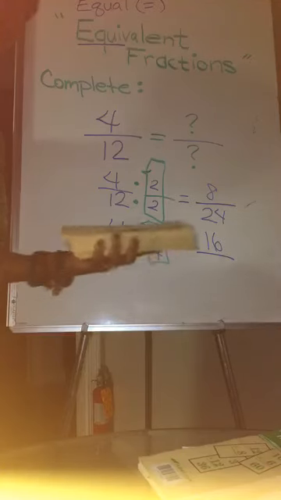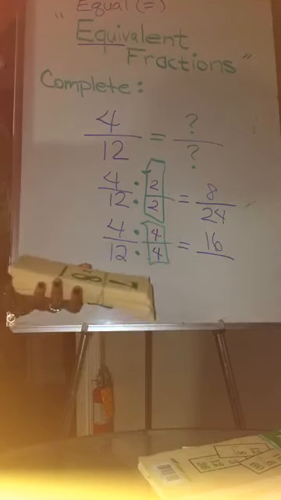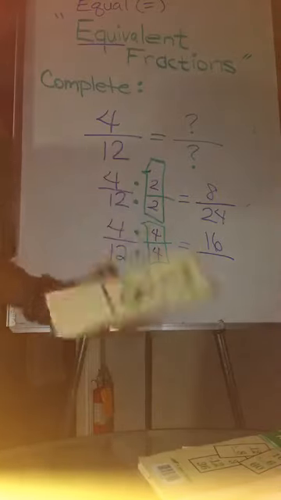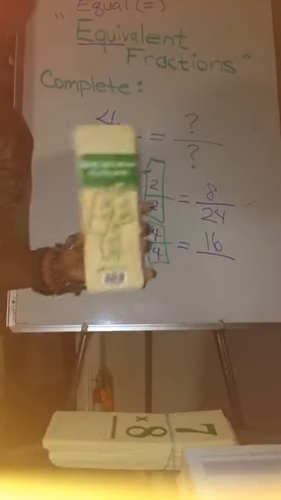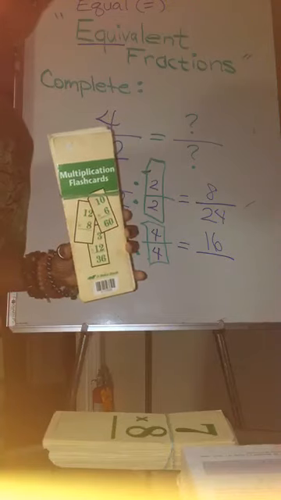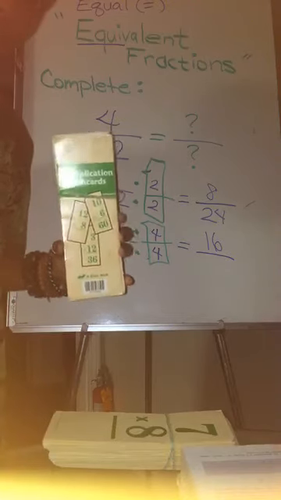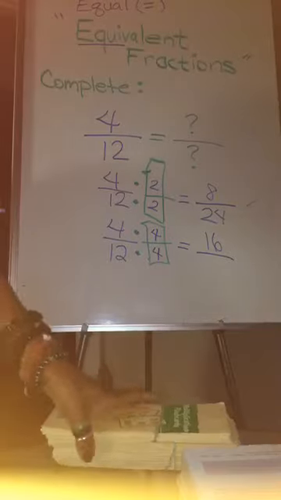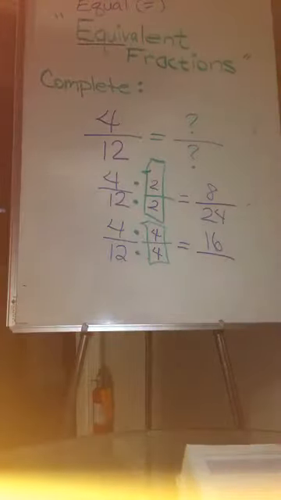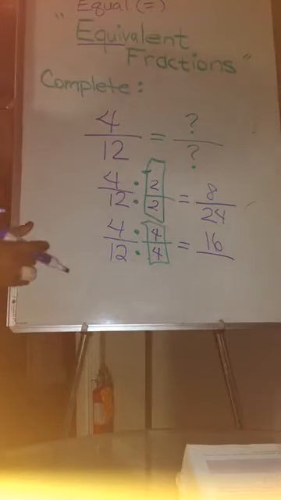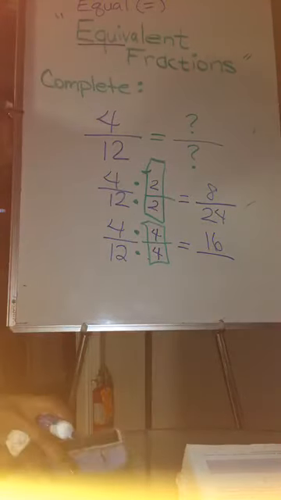We can't get equivalent fractions if we don't know our timetables. They sell these at the dollar store, or you can go online and purchase them. Okay, I went on a little rabbit trail there, because timetables are some of the weaknesses that I see with some students.